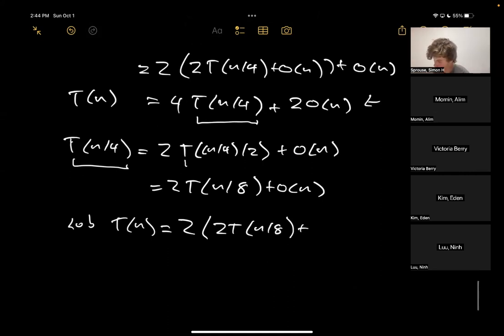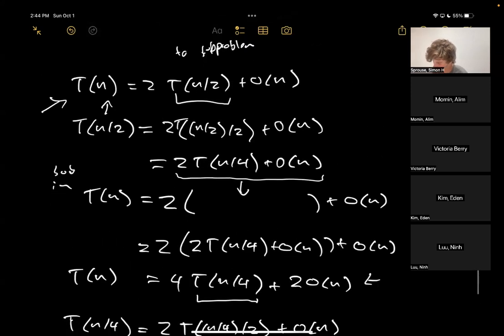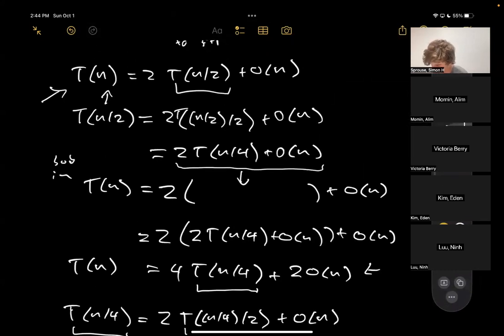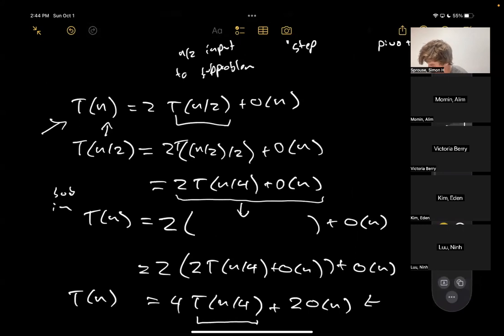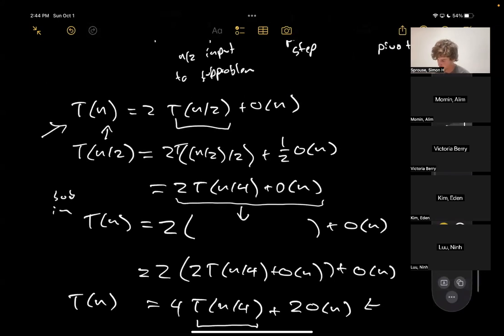Oh, and I maybe have made something of a misstep here. Maybe I should go back and clarify. I'm just kind of shorthanding this, saying it's relatively O of n here. But if you wanted to be really picky, technically at this step, and I'm so sorry to be moving at the speed of light, y'all, technically, we're looking at this, because for each subproblem, you're only pivoting half the list, right?